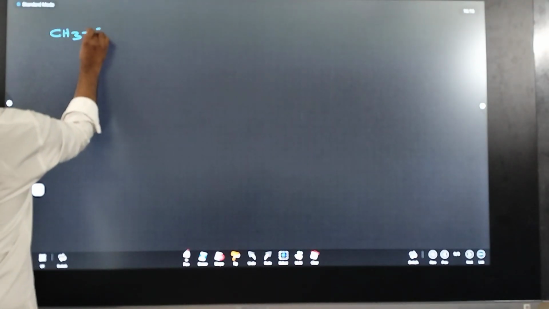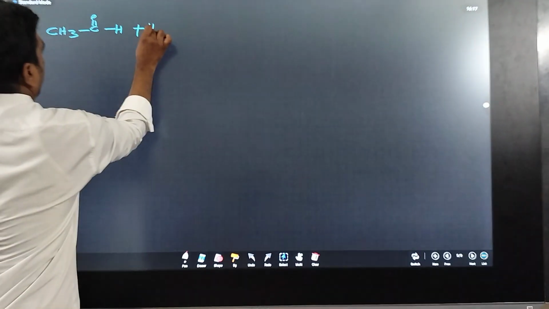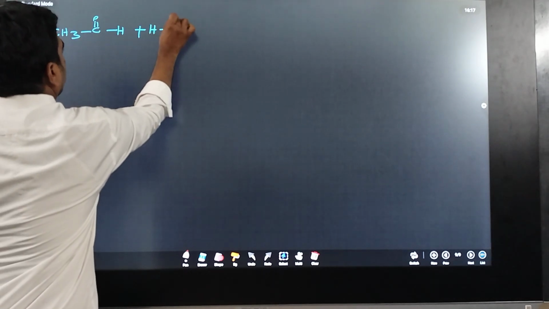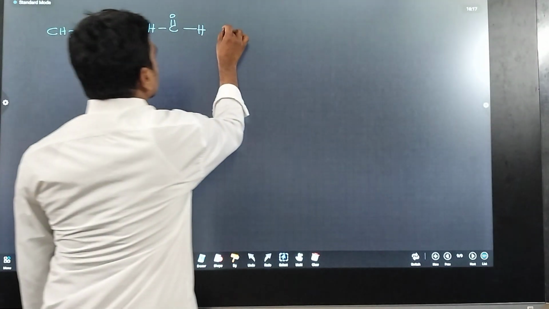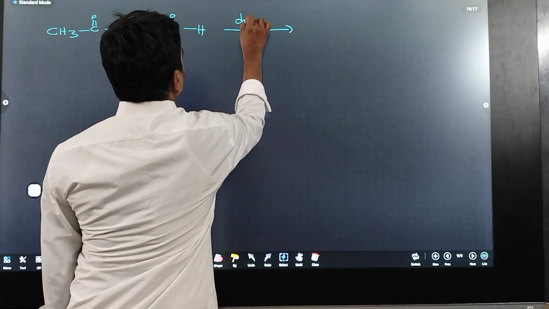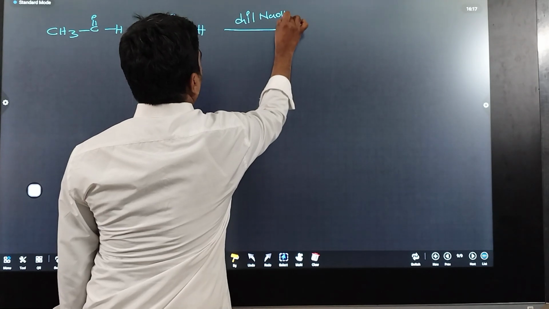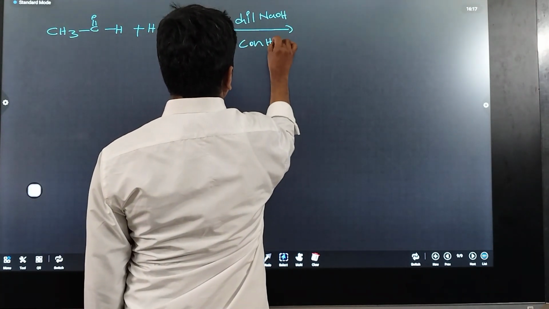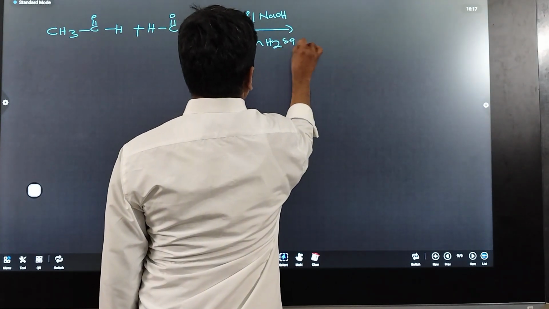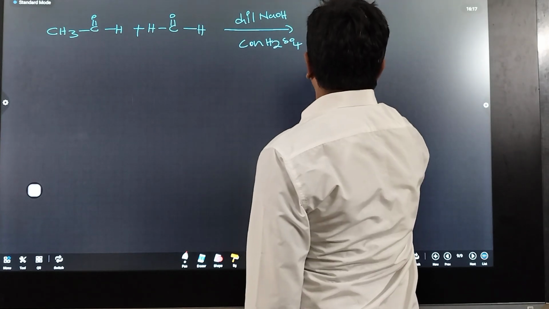CH3 C double bond O H plus H C double bond H. Dilute NaOH and concentrated H2SO4.